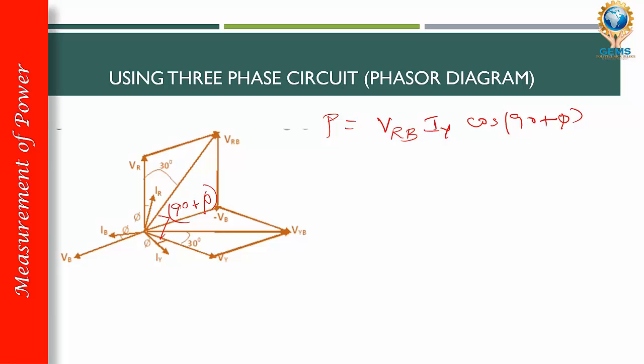So again, when we substitute the formula of cos (A plus B), it is nothing but cos A cos B minus sin A sin B. So on substitution we get VRB, which is nothing but line voltage, IY into (cos 90 cos phi minus sin 90 sin phi).